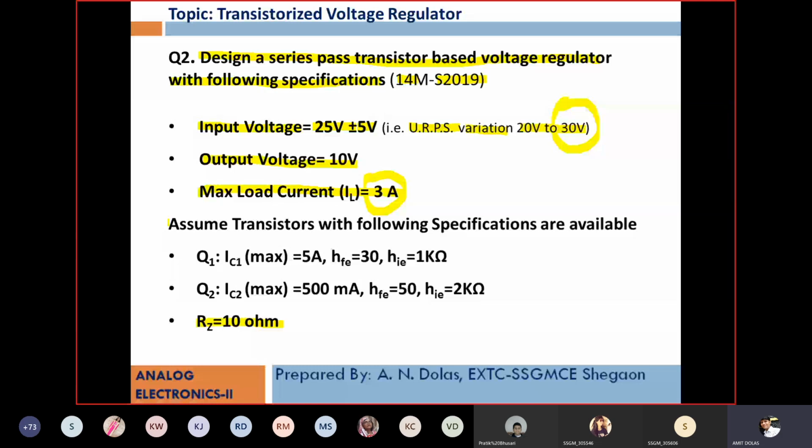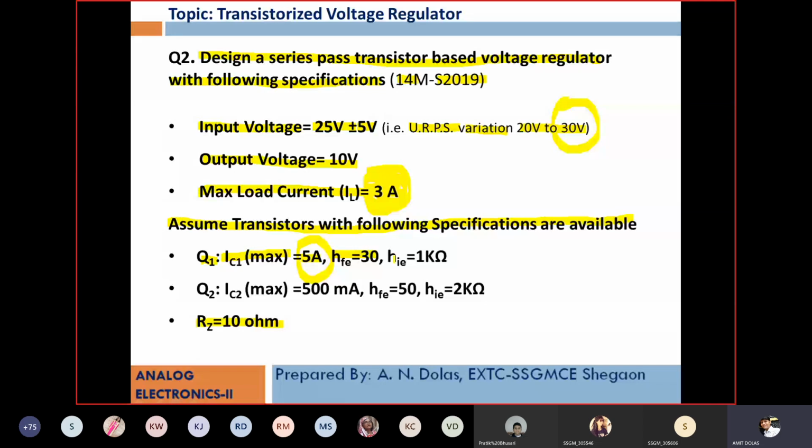Assume transistors with the following specification, which is given in the paper itself. Transistor Q1, which is a series pass transistor, has maximum collector current 5 ampere, HFE is 30. 5 ampere is the maximum collector current, but we will be designing it for only 3 ampere, as the load demands 3 ampere, not more than that. Then HIE is 1K.